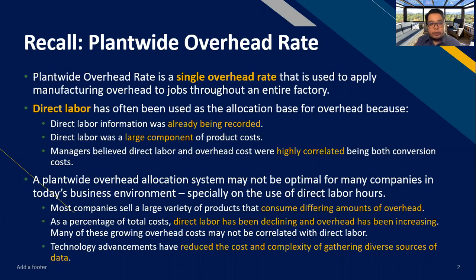So what we're doing through the plant-wide overhead rate is that we're accumulating all manufacturing overhead, whether variable or fixed, into one cost pool, and that cost pool of manufacturing overhead is then applied to different jobs or different products using a predetermined driver, or a predetermined denominator that will be used to apply that single cost pool to different products.